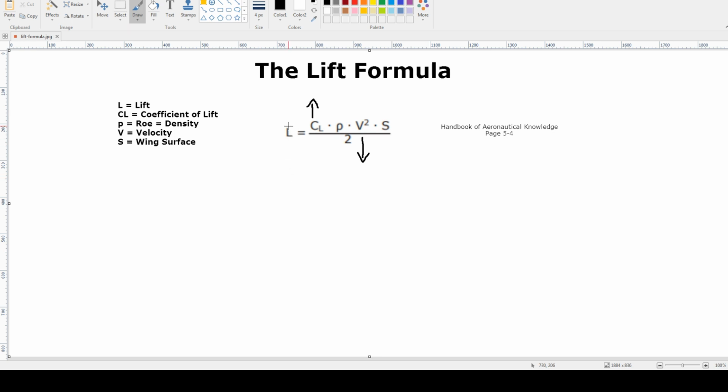Therefore, we are creating an initial increase in total lift, which will then be followed by a nose drop and an actual decrease in lift, corresponding to our lecture on stability.